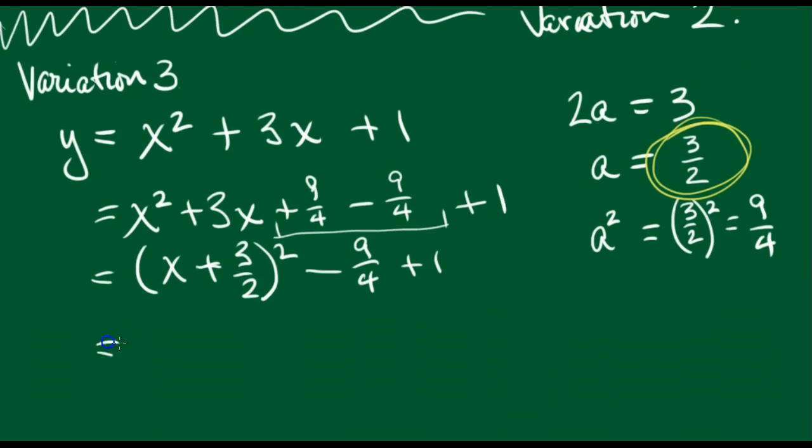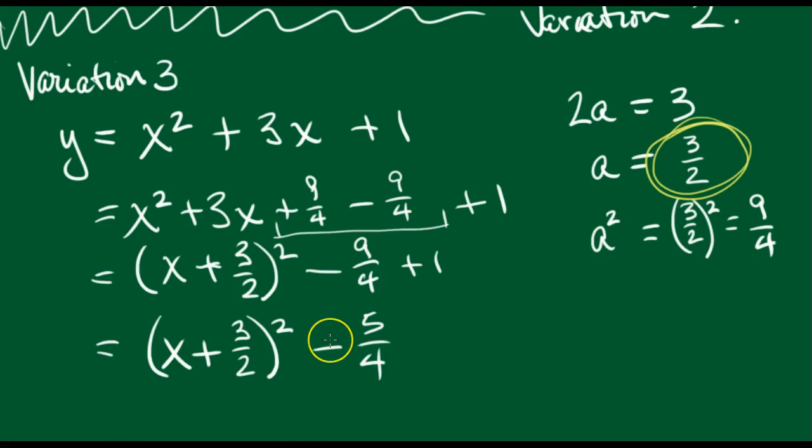And from that, I now have x plus 3 halves squared minus 5 over 4. Well, ordinarily we choose nice big fat round numbers, but we can move this left 3 halves and down 5/4 when we graph.